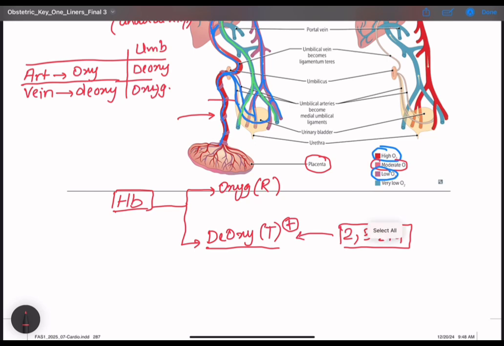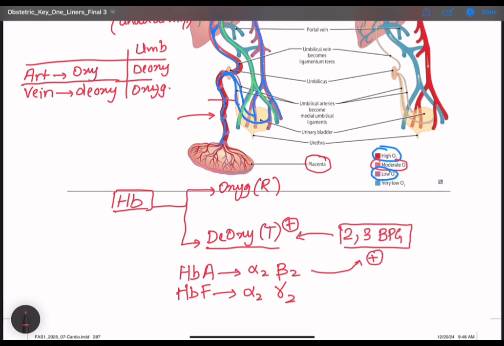We have two hemoglobins, hemoglobin A, also known as hemoglobin adult, and hemoglobin F, known as fetal hemoglobin. The hemoglobin A is made up of two alpha chains and two beta chains, while hemoglobin F is made up of two alpha chains and two gamma chains. The beta chains bind strongly with 2,3-BPG, thus stabilizing the deoxygenated state.